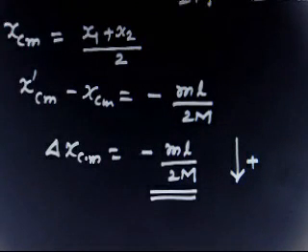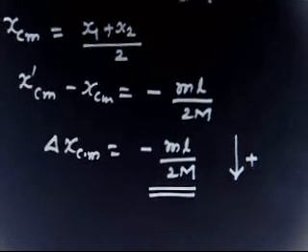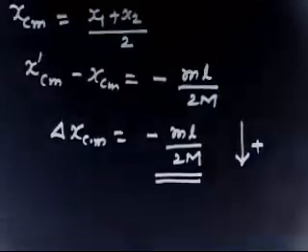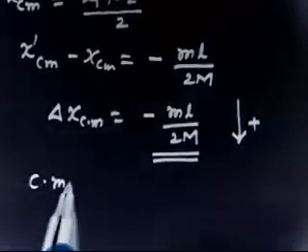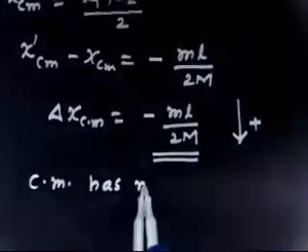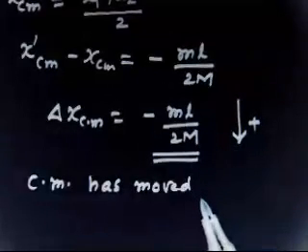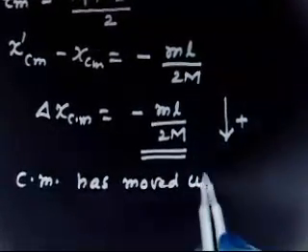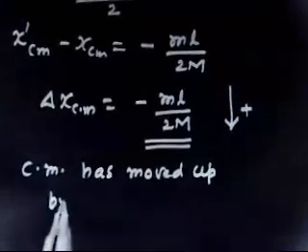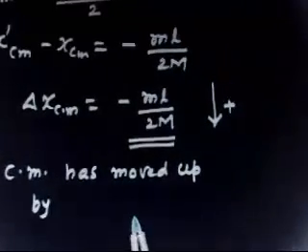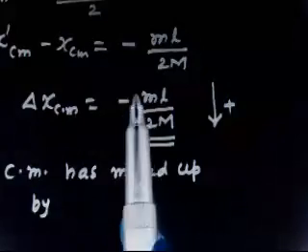Are you getting it? So this tells me that the center of mass has risen up by a distance of ml divided by 2m. If I want to write, I can write the center of mass has moved up, because the minus sign shows me this: I have taken positive in the downward direction, so this is coming negative, which means upward direction.